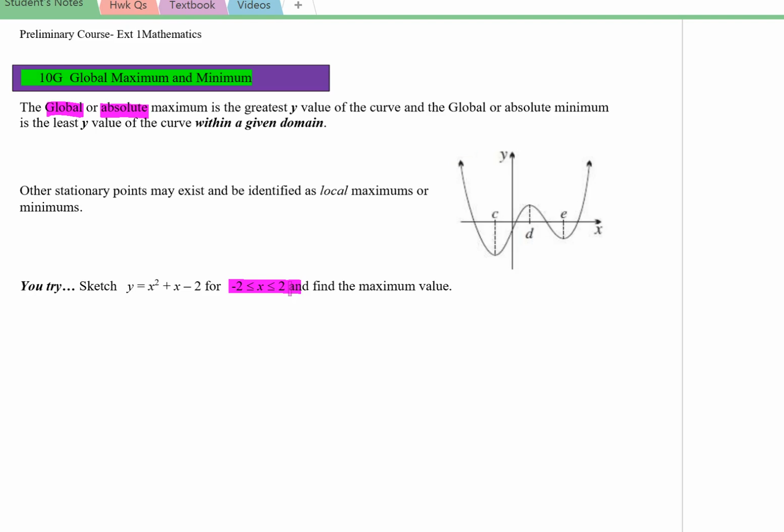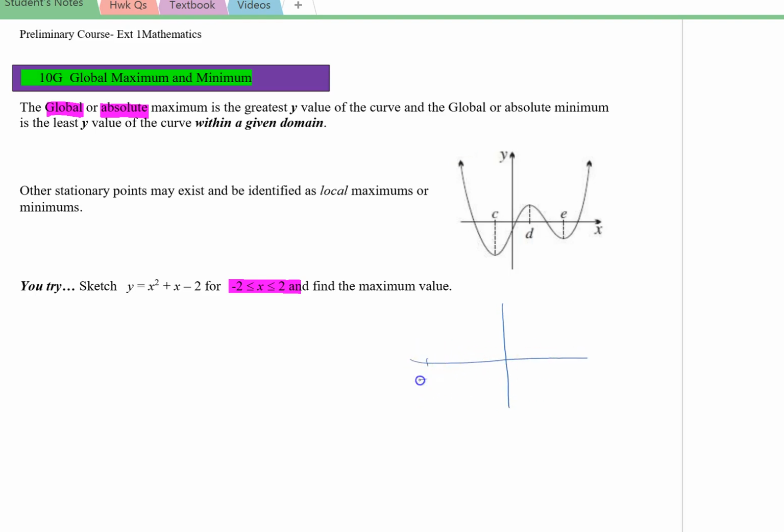Now, when that happens, there's a lot of things to consider. Within that range, you could possibly have a maximum value. So let's think about some of our options.